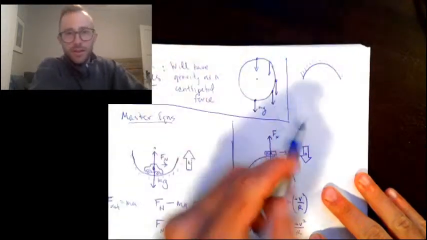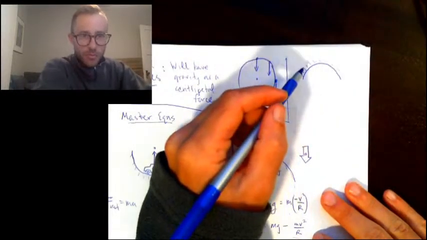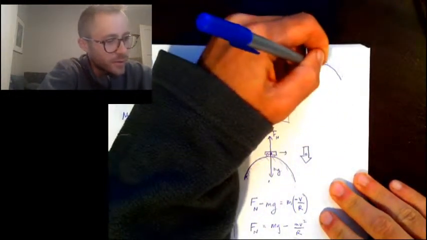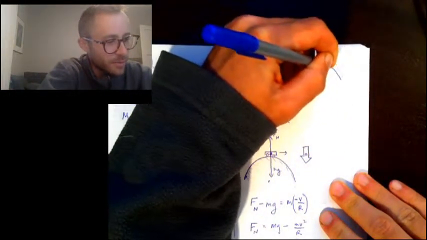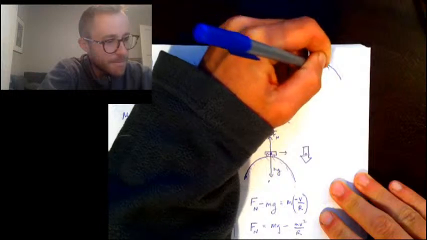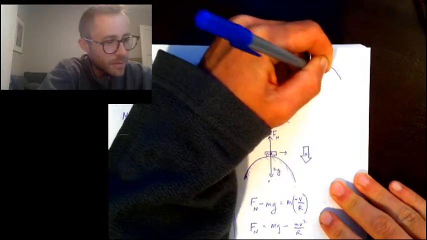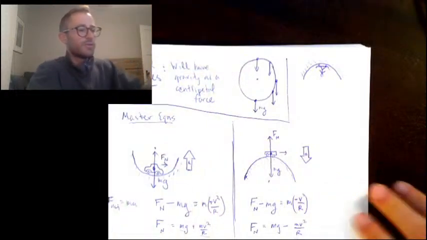So a skateboarder doing a loop-de-loop, the floor is actually above the skateboarder. So here's the skateboarder right here. Skateboarder is doing a loop-de-loop.